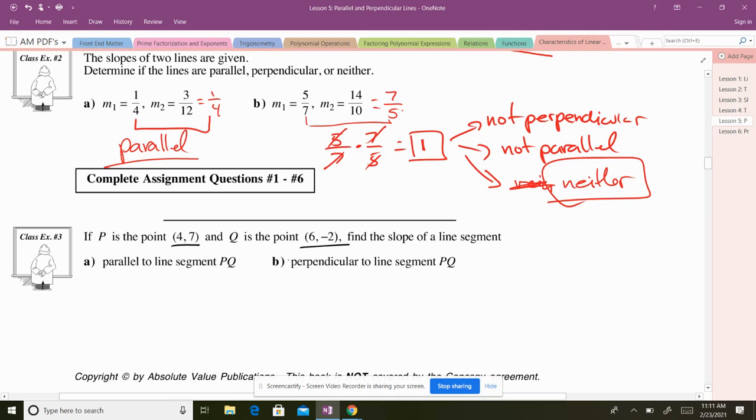Find the slope of a line segment that is perpendicular to this line. So, first thing I need to do is find the slope of PQ. How do I do that? If you don't have a graph, how do you do it? Yes, you use that subtraction formula.